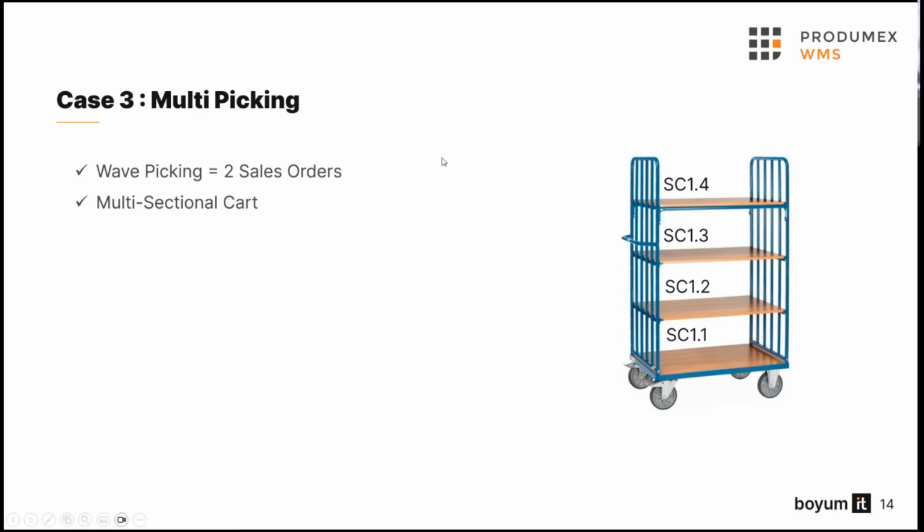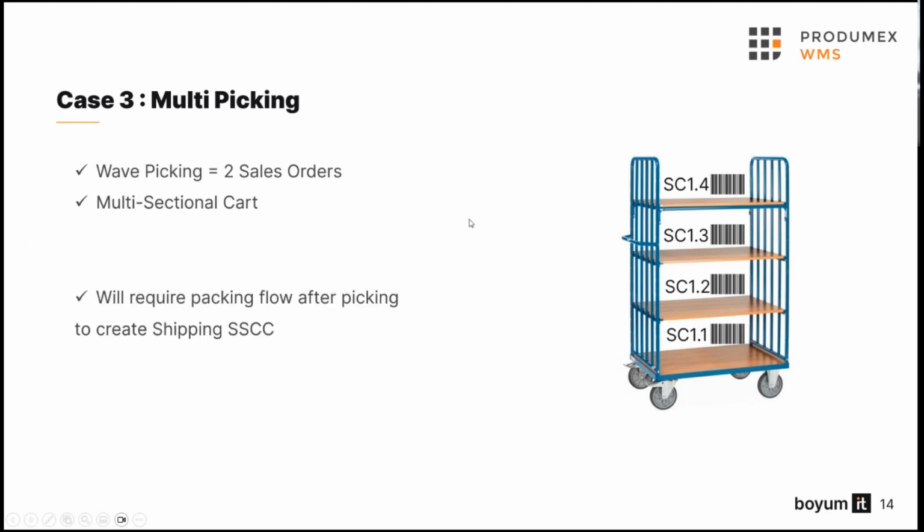For every location, every name, I will have a barcode on the cart to be able to scan it to identify on which location I place my goods. What you will do is put one sales order on one section of the cart to separate them, so they can be packed easily in a second stage.